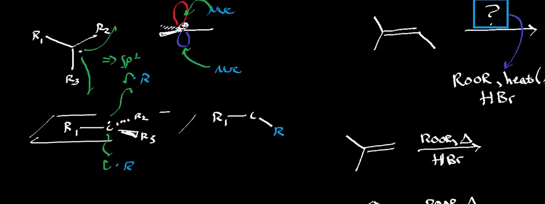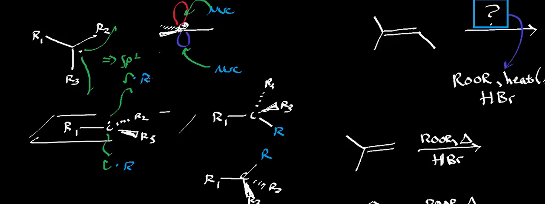That's just simple R. And then R2, and then R3. But if I do the one from the top, then I'm going to get something like this. R1, this is the central carbon. Blue R goes on the top, but then you can see that R2 goes down like that, and then here's R3. So these two compounds are stereoisomers of one another, assuming that this carbon is chiral, and we'll assume that.